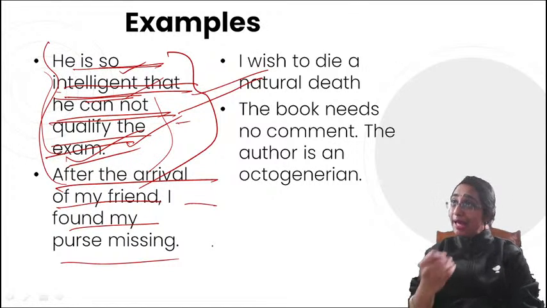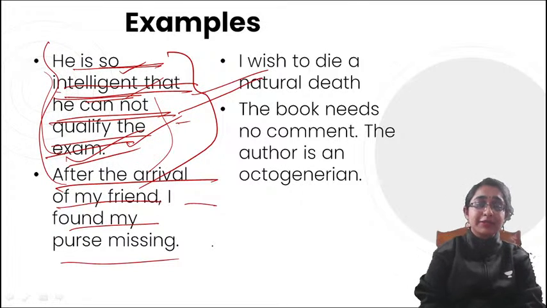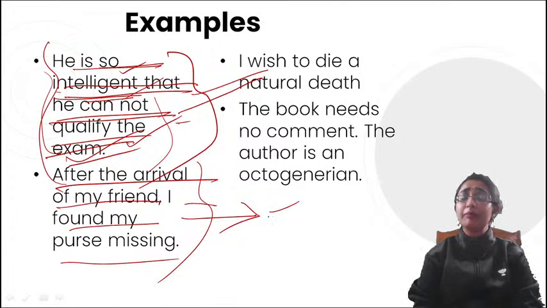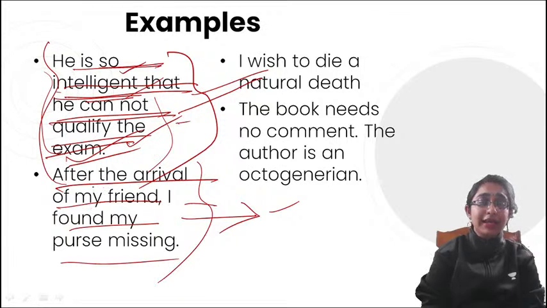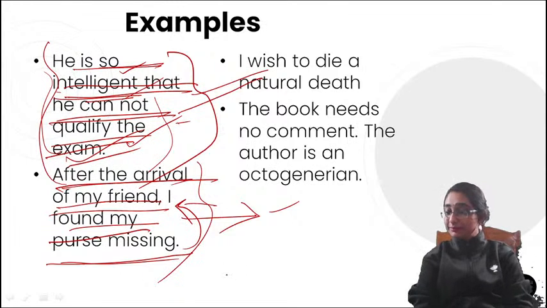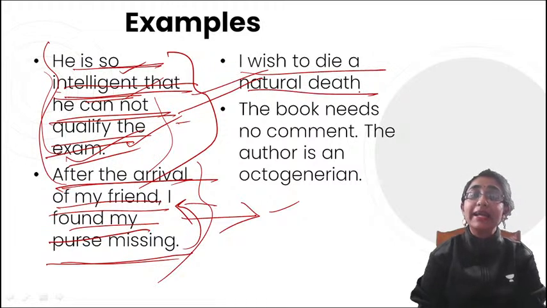So the inherent hint is that yes, you have stolen my purse, right? Here the purpose is also to malign someone, to blame someone. So the implication is that my friend has stolen my purse. Clear?